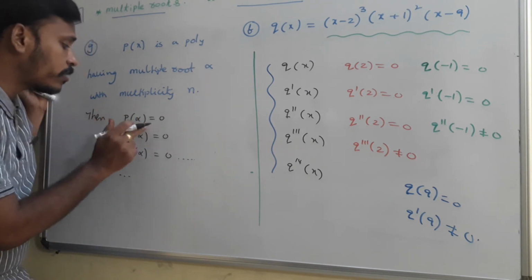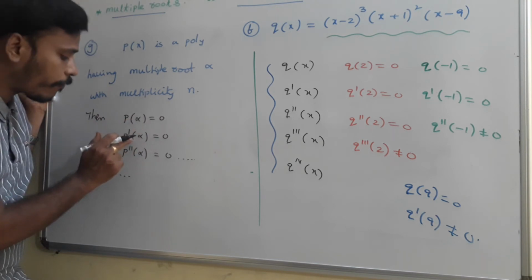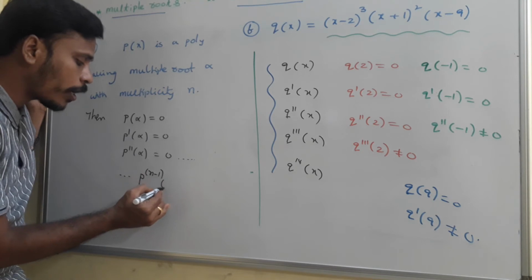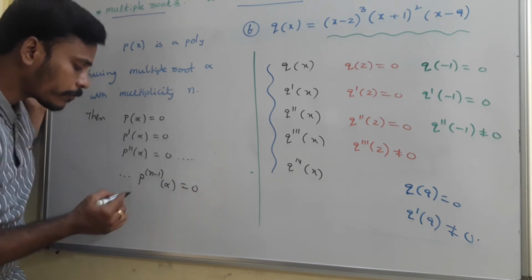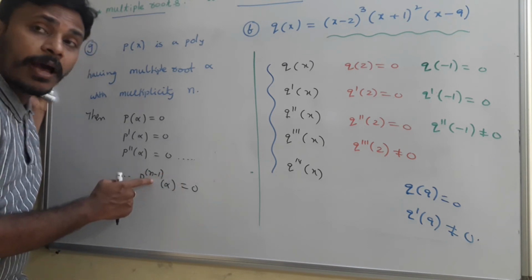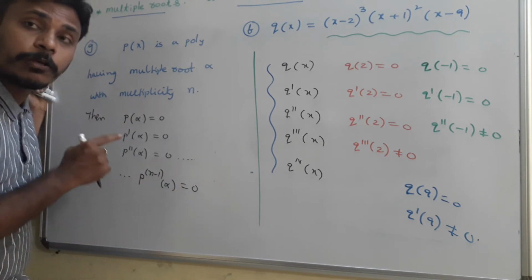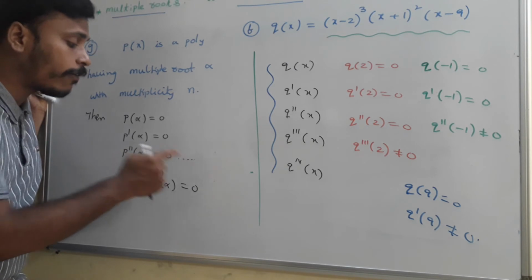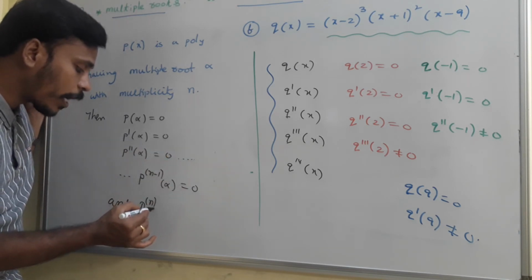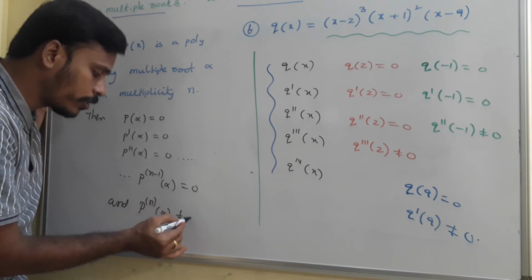P to the n minus 1 of alpha is equal to 0, in the sense the (n minus 1)th derivative of the polynomial at x equal to alpha is 0, and its nth derivative P n of alpha is non-zero.